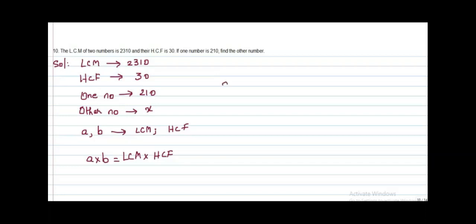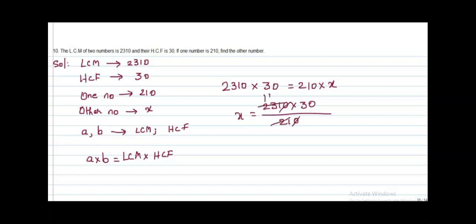Using this procedure we get 2310 into 30 is equal to 210 into x, or x is equal to 2310 into 30 by 210. So it's going to be 330. The other number is 330.